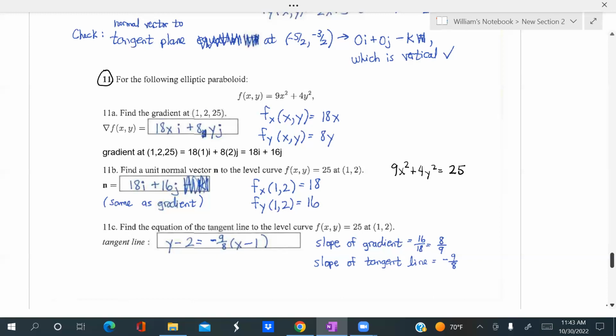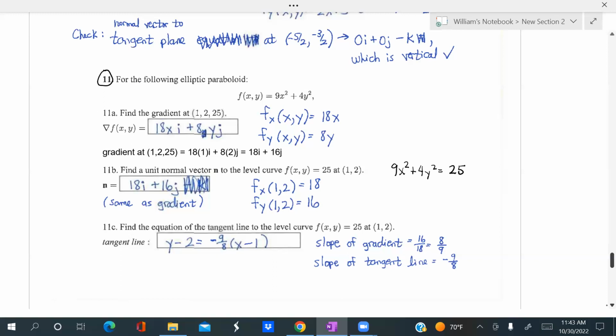All right, now, the last part might be a little bit trickier. Let's see what we have to do. Here we want to find the equation for the tangent line to the level curve. We know that the gradient vector is perpendicular to the level curve at this point, 1, 2.